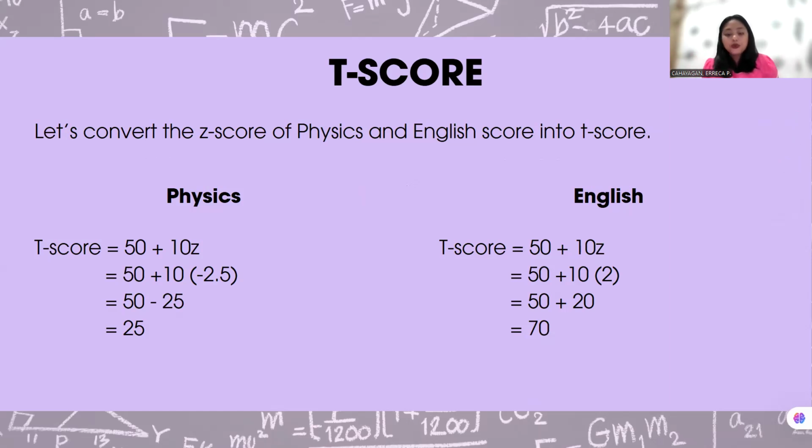Let me show you on the screen. So 50 plus 10, open parenthesis, negative 2.5, close parenthesis, and equals, you can get 25 actually. When you use a calculator, you can see the answer.